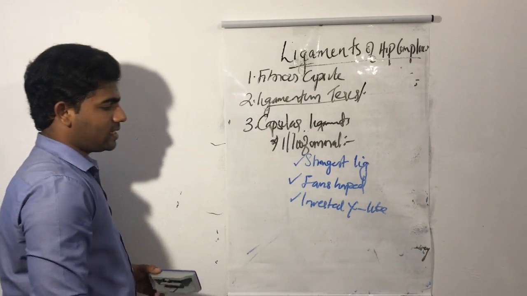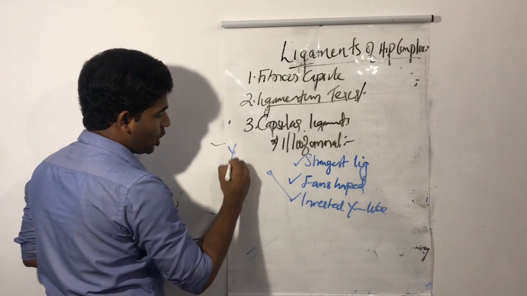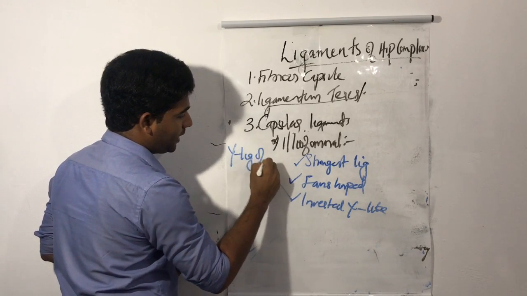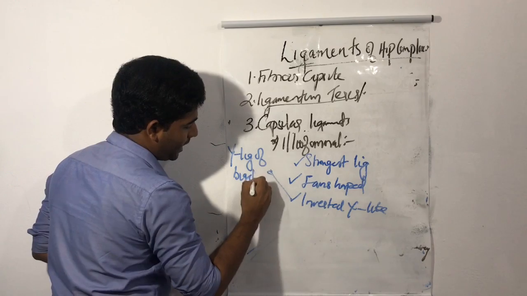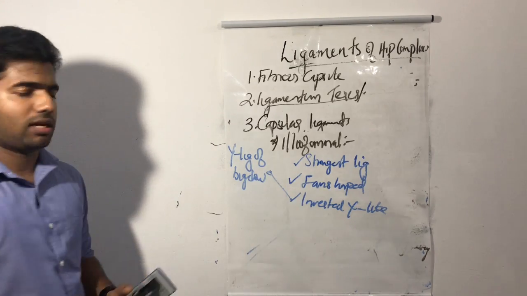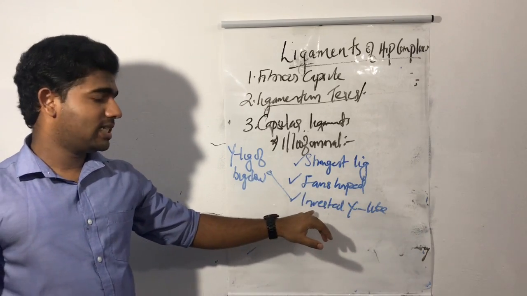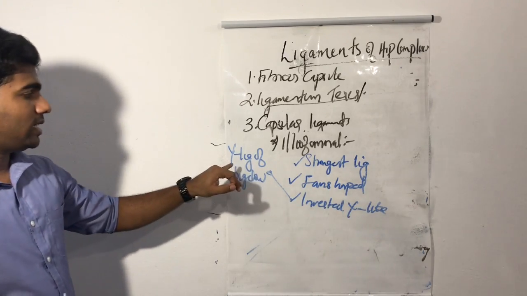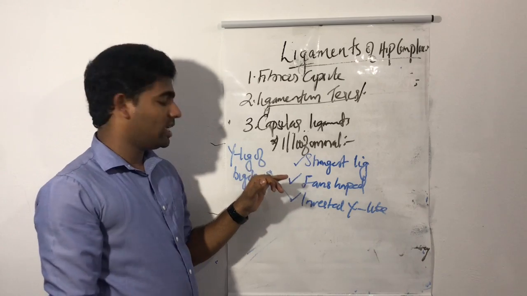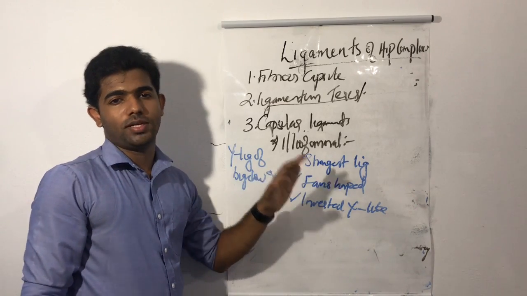Since it is an inverted Y, it is known as the Y ligament of Bigelow. So the points are: this is the strongest ligament, it is fan shaped, and it is inverted Y-like.